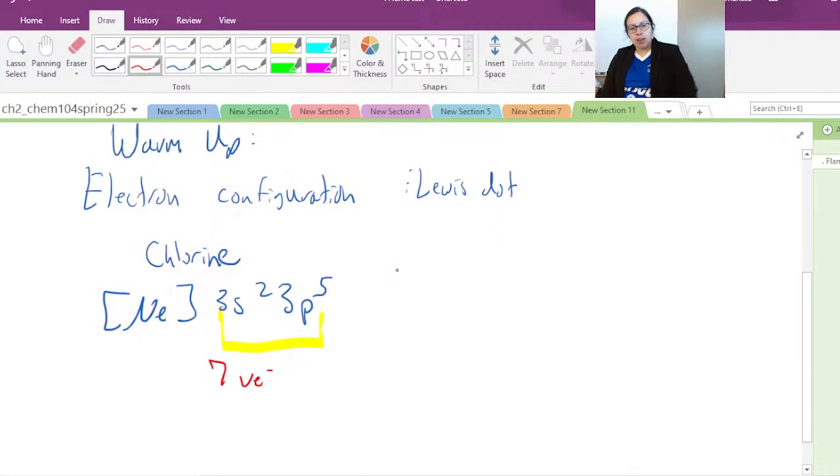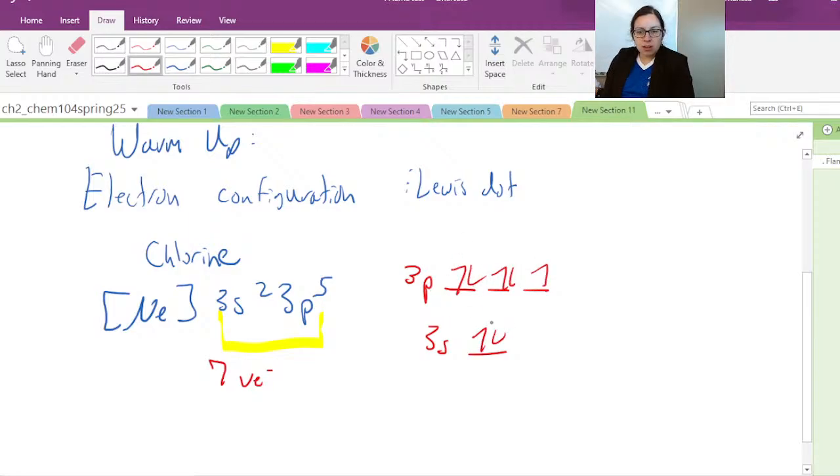And then, again, I just like to draw this and think about it so we can fill in the electrons properly. So 1, 2, 3, 4, 5, 6, 7. So then our Lewis dot structure looks pretty similar with 7 dots around it. All right, questions on that so far?